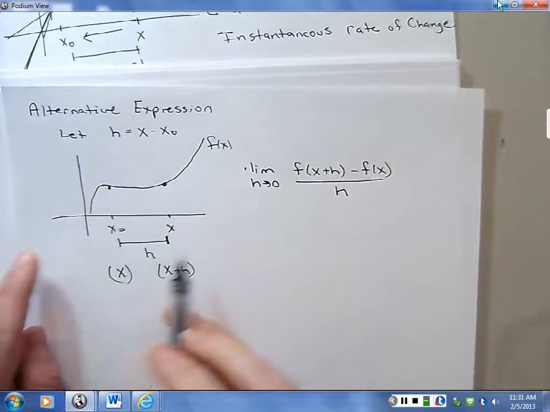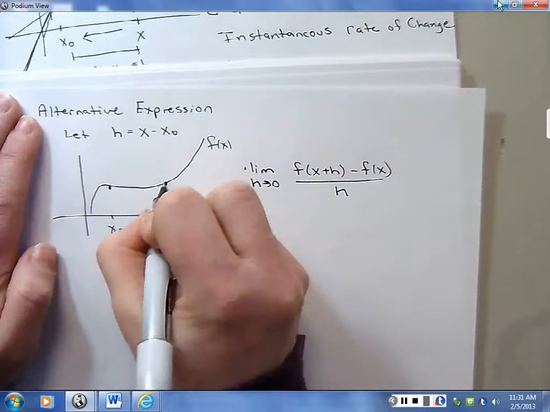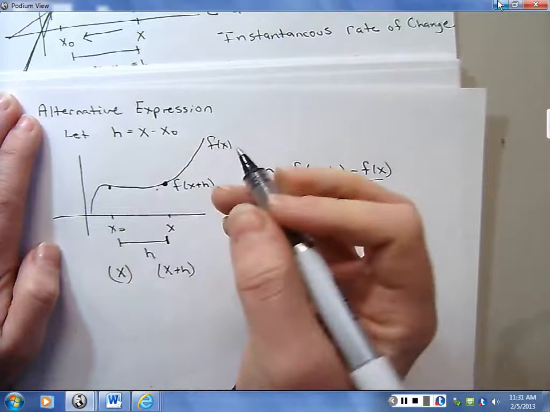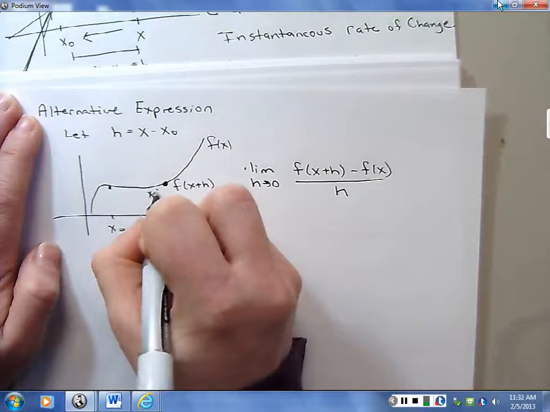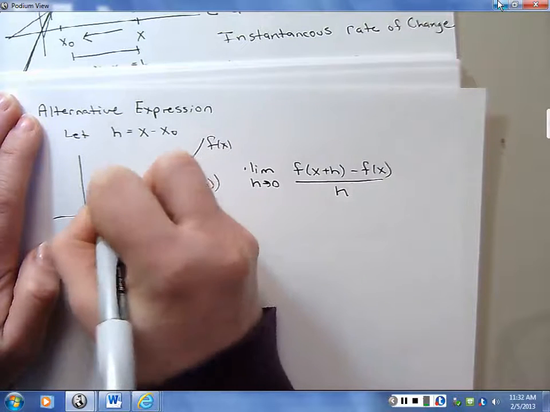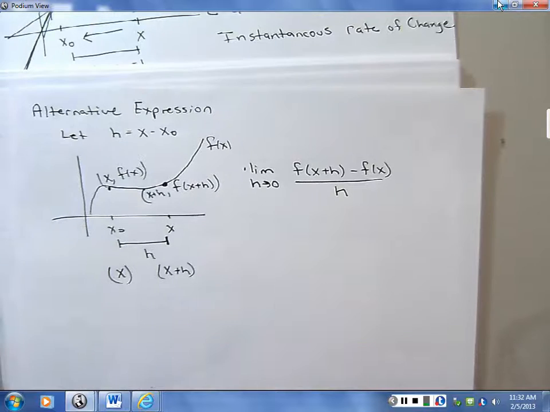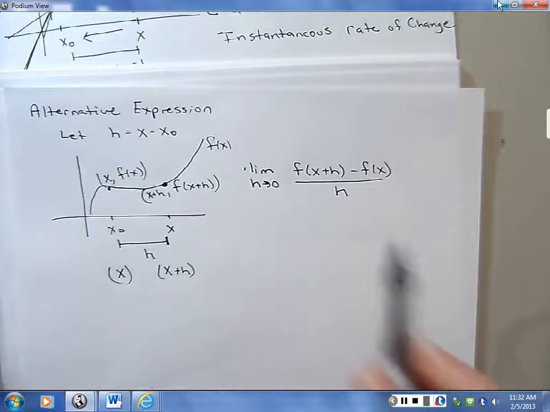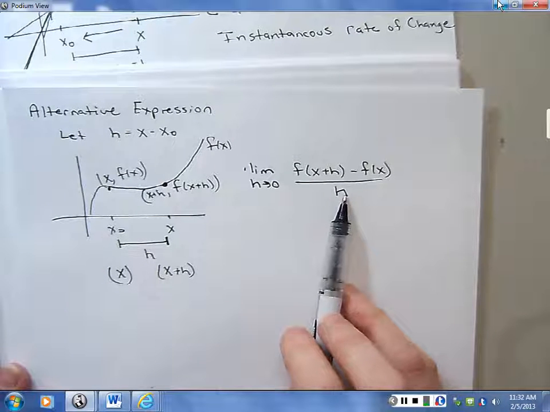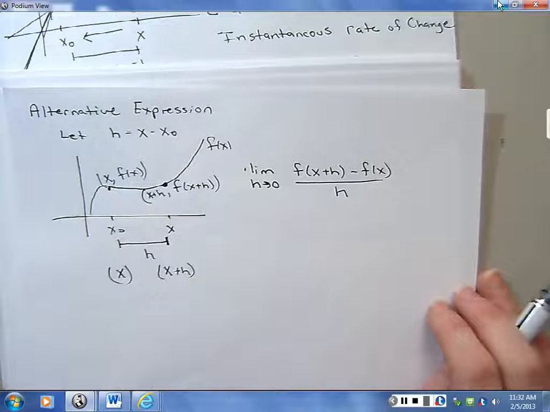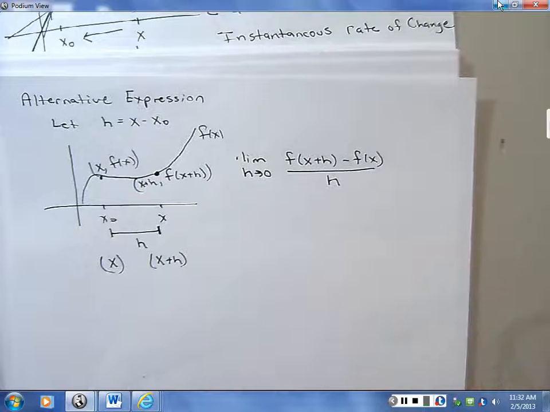The change in y over change in x. This point here would be x plus h comma f of x plus h. This would be x comma f of x. Change in y over the change in x, right? x plus h minus x would be h. So exact same concept, different notation.